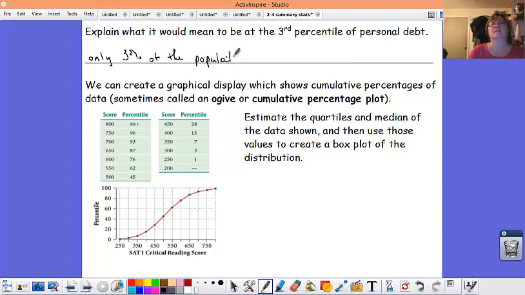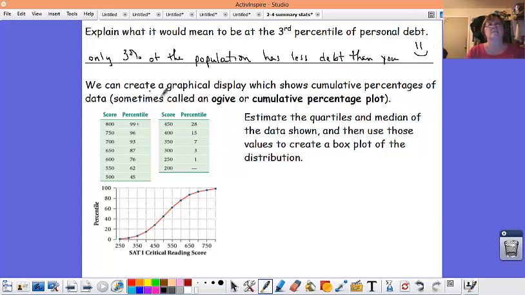Actually, I'd like to be there. Unfortunately, many of us are going the other direction. Only 3% of the population would have less debt than you if you were at the 3rd. I could live with that. Hey, that's worthy of a smiley.